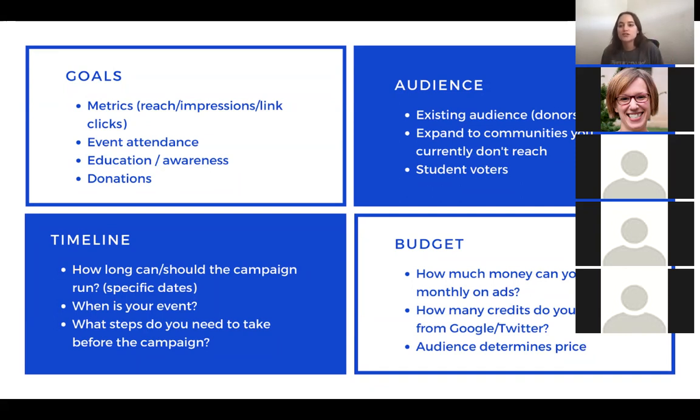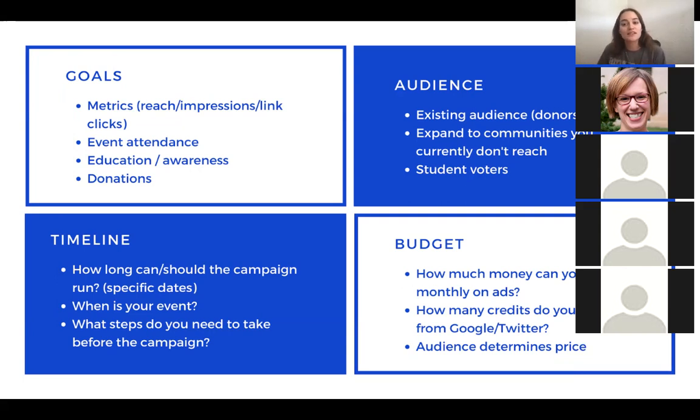So are you trying to reach a certain number of people with educational information? Are you trying to have a certain number of website link clicks to direct people to an event registration? Are you trying to have a certain number of people attend an event? Or are you trying to reach a certain threshold for donations?